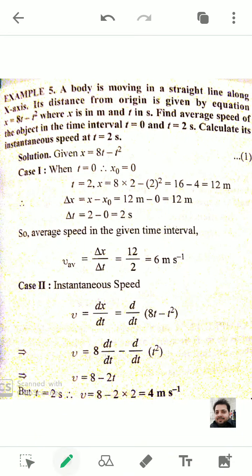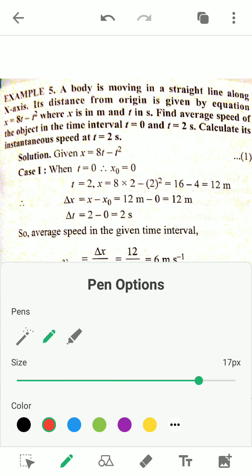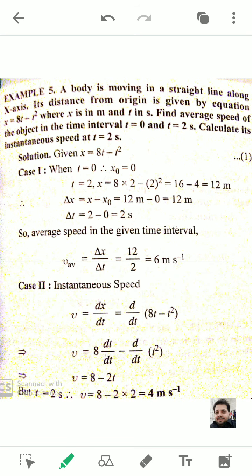So question number 1 on the screen. A body is moving in a straight line along the x-axis.